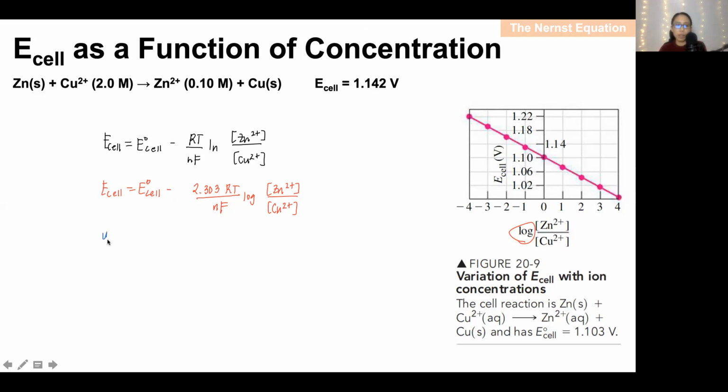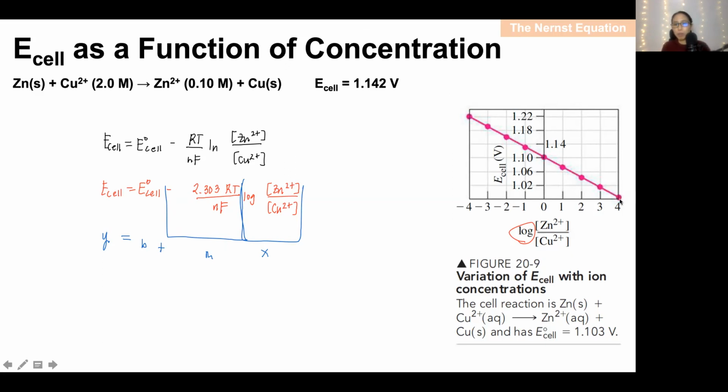You have cell potential as your y, negative 2.303 RT over nF as your slope, this logarithmic term as your x, and your standard cell potential as your y-intercept. And this is actually another way of evaluating standard cell potentials without using your reference electrode.